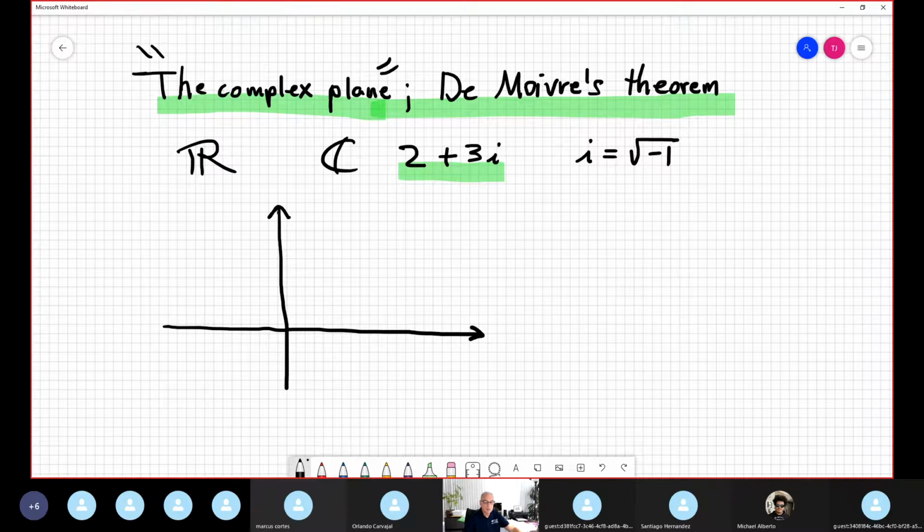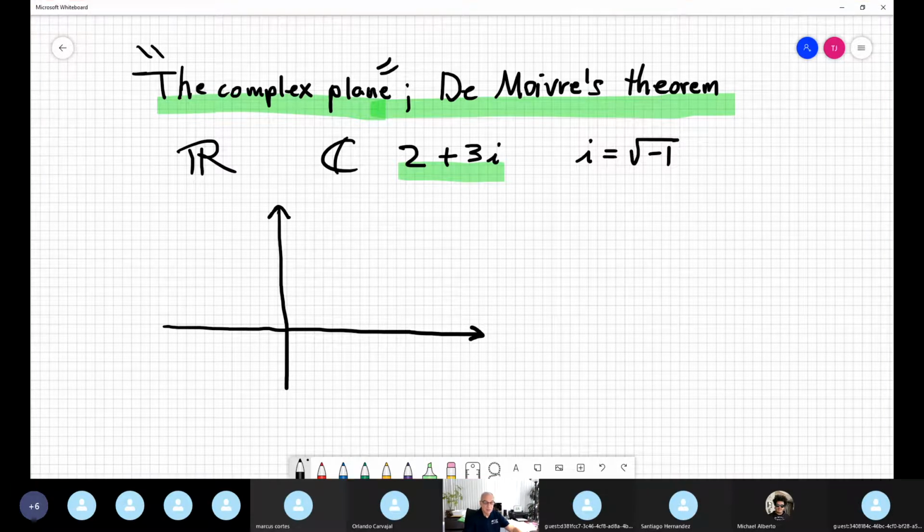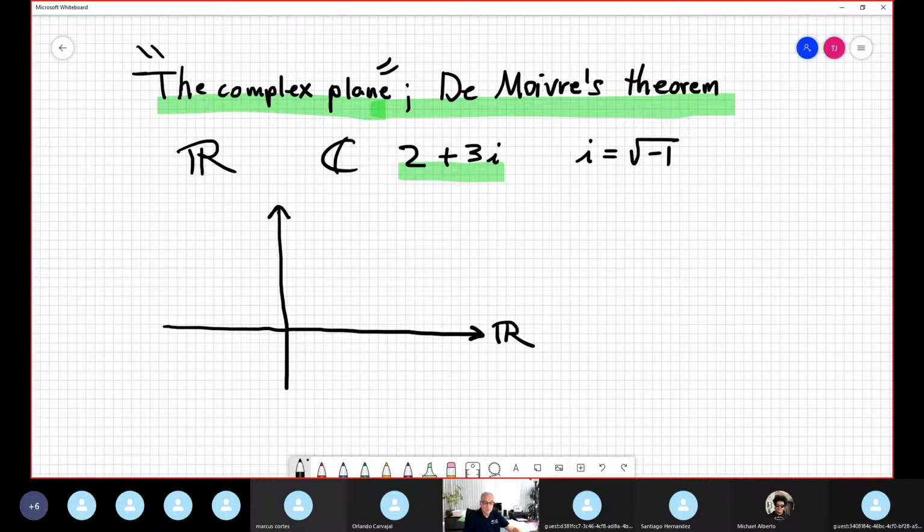In the complex plane, in the horizontal axis you have real numbers. In the vertical axis we have imaginary numbers. So we have, for example, here 1, 2, 3, 4, 5, and of course -1, -3, -4, and so on. This is the real number line, including, of course, the fractions and the irrationals. This is a continuous line, not step by step, not only integers.